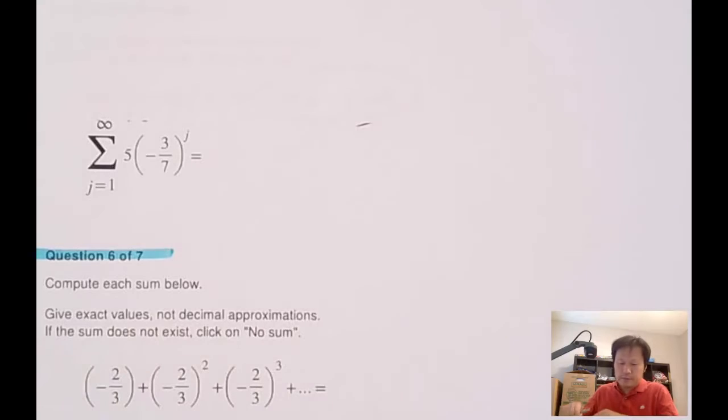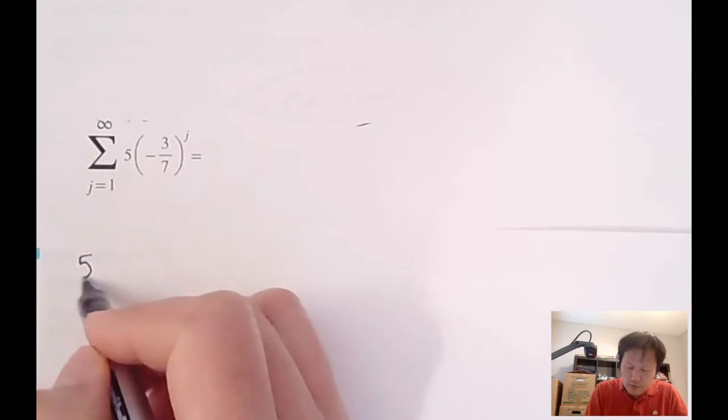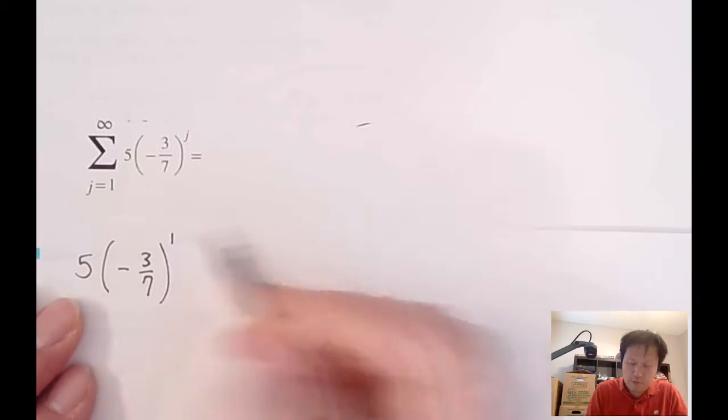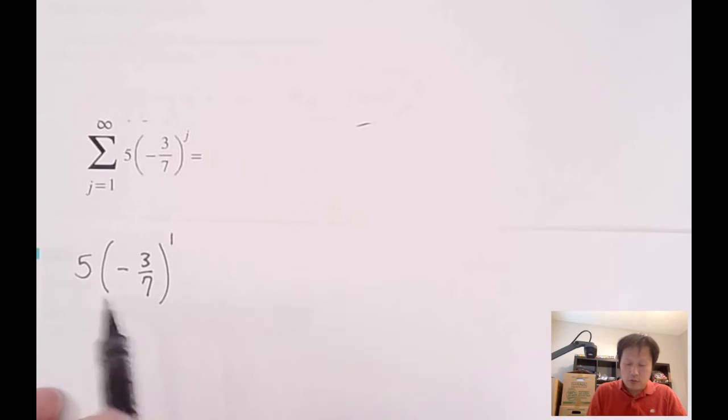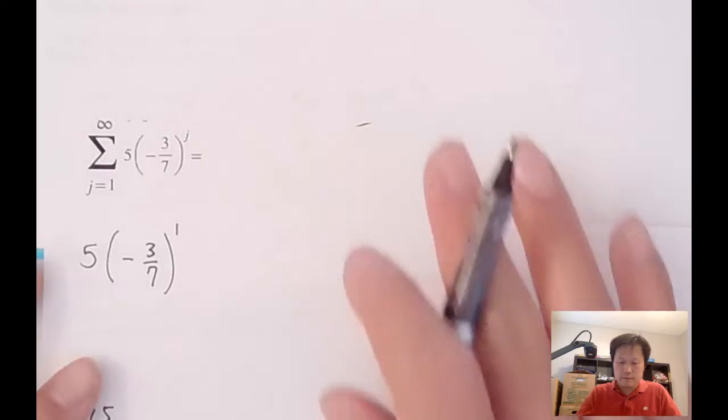So I'm going to plug in j equal to 1. Plug in j equal to 1, you get minus 3/7 to the 1 power. So if you evaluate it, minus 15/7 will be your first element.